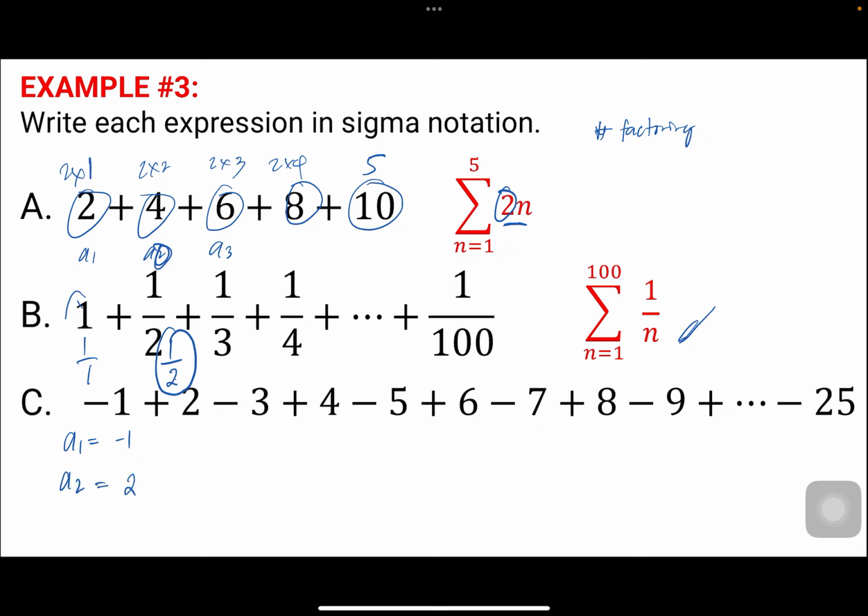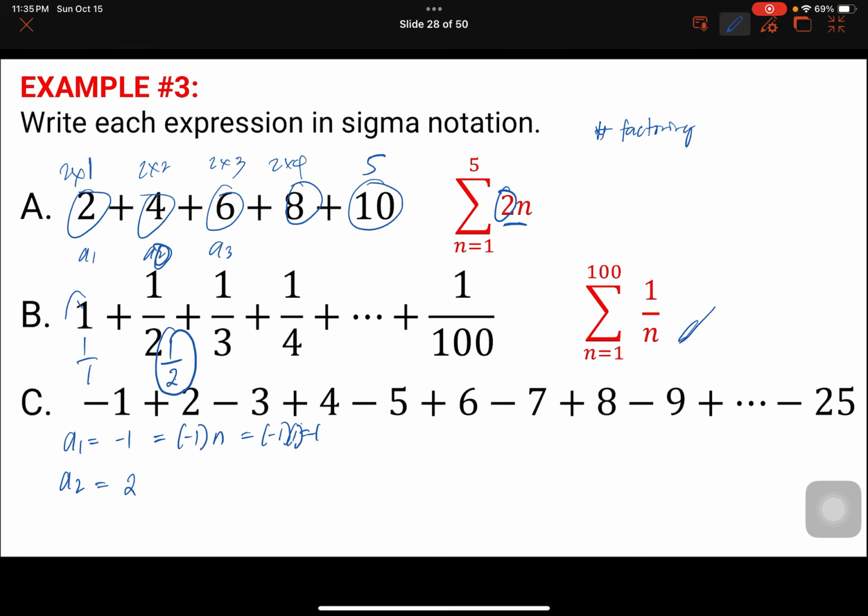So anong nangyari? Bakit siya naging positive 2? So let's have factoring muna dito. So we have negative 1 times n. Diba? Kung negative 1 times n yan, negative 1 times 1 is still negative 1.